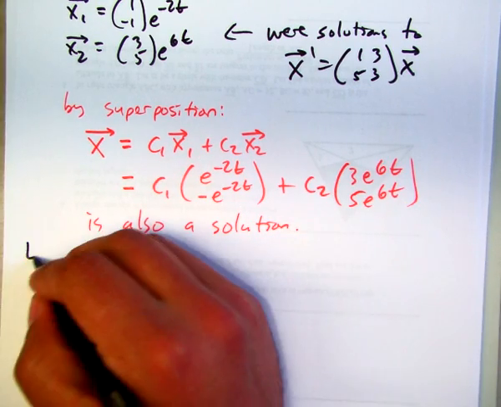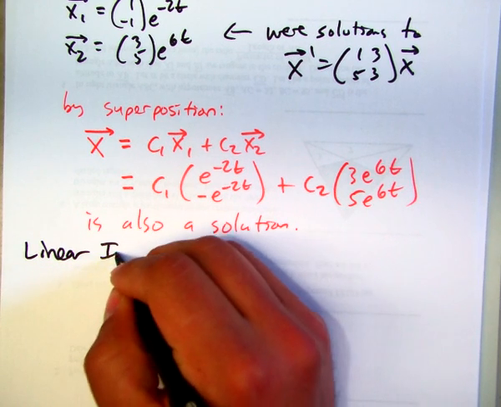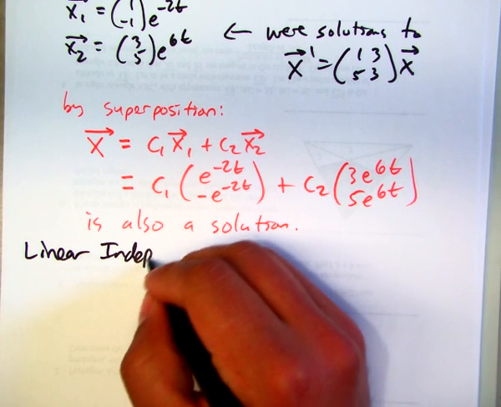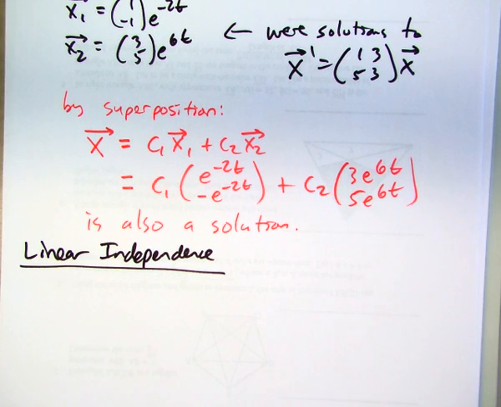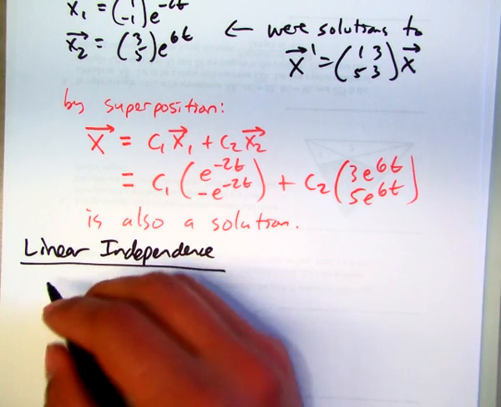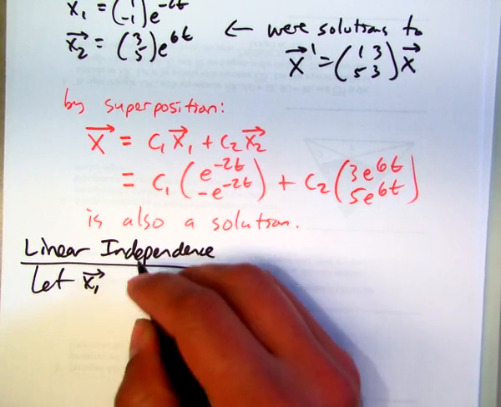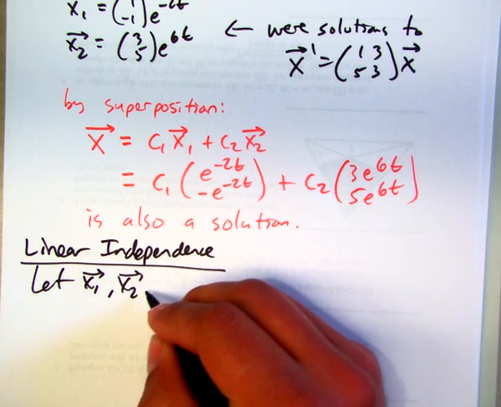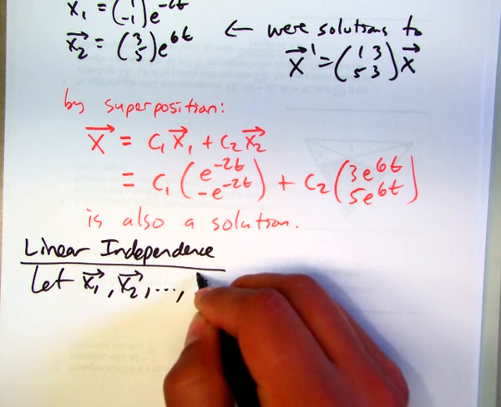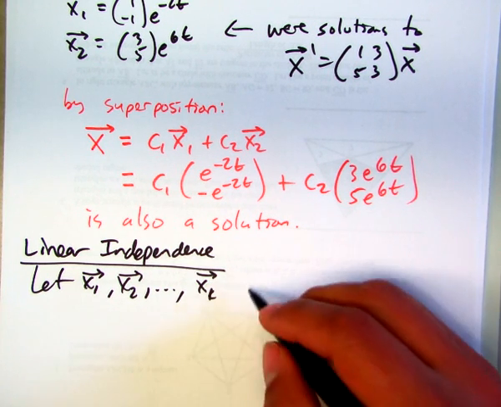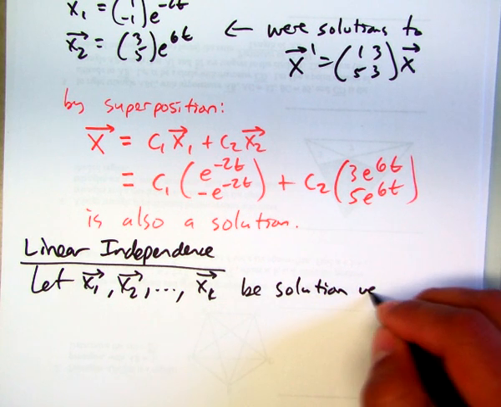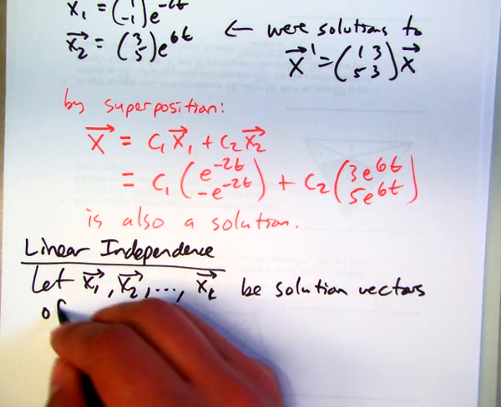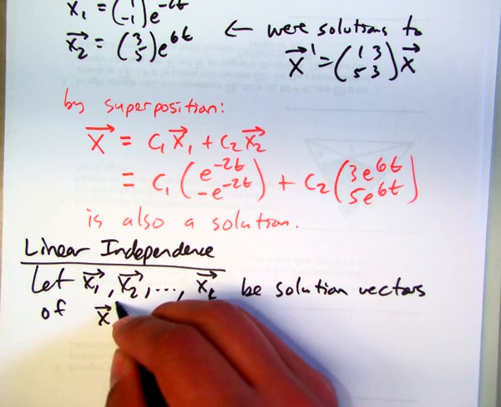Linear independence. You could probably guess what I'm going to talk about if you remembered what we did a few units ago. It's the same exact thing. Let x1, x2, x sub k be solution vectors of x prime equal to Ax.